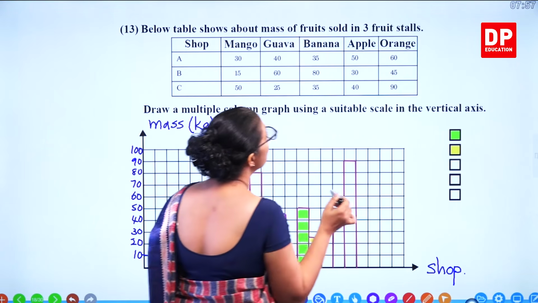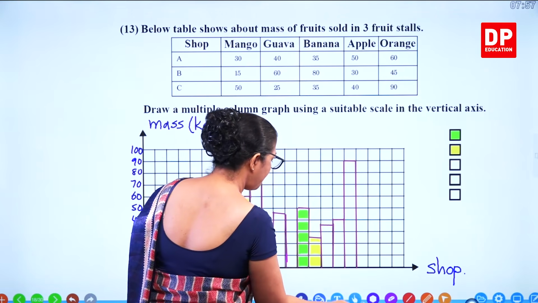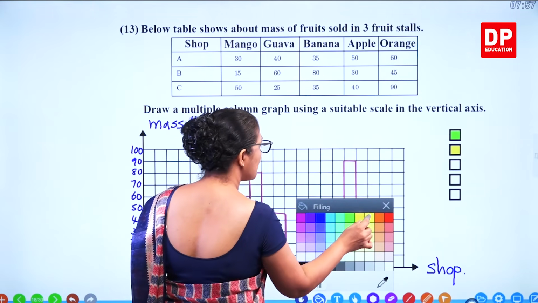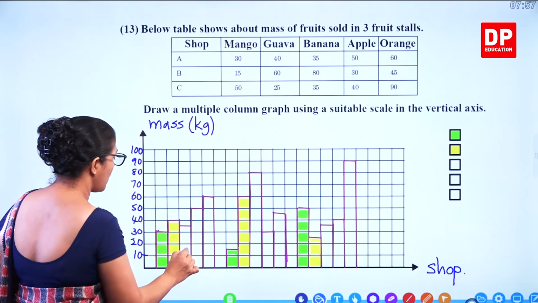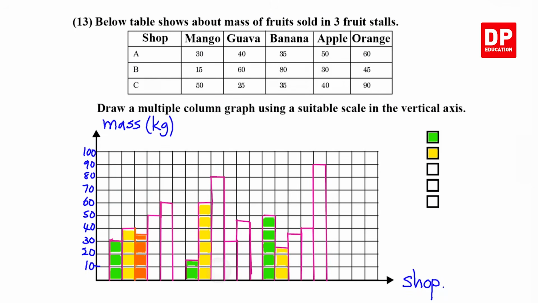It's guava. Then banana. Banana we'll put orange color. Here this is banana. So that's banana. Now we'll mark apple.